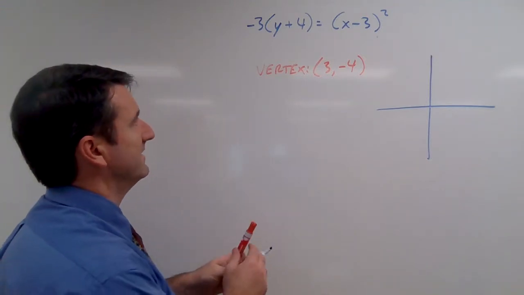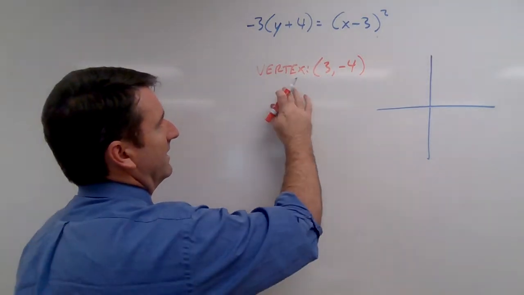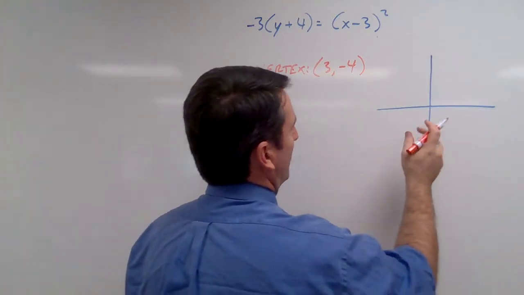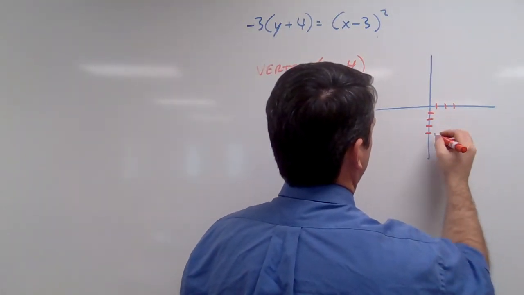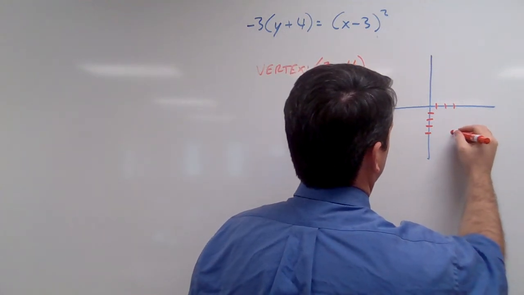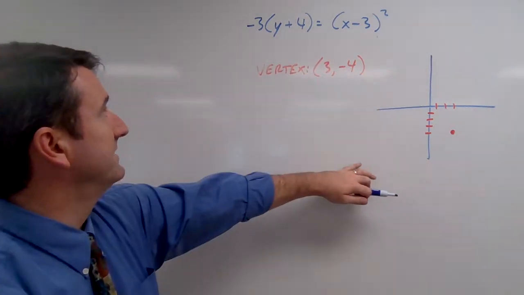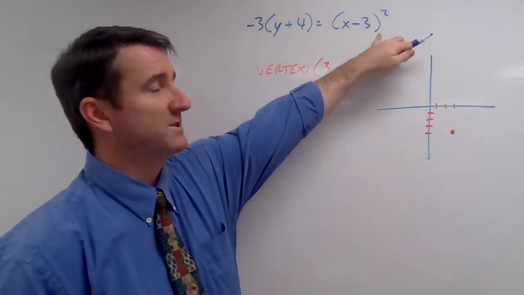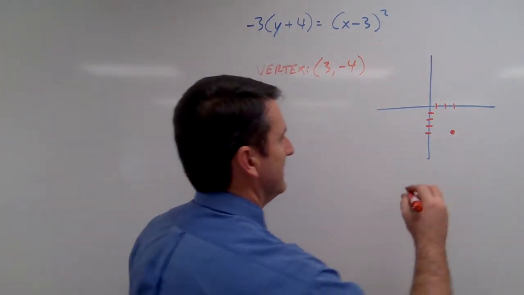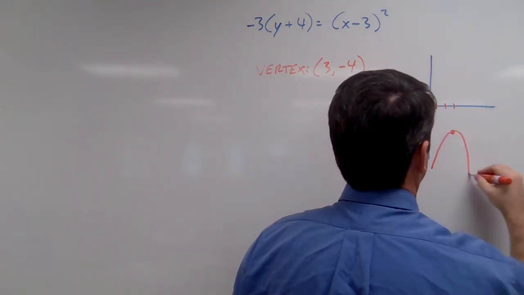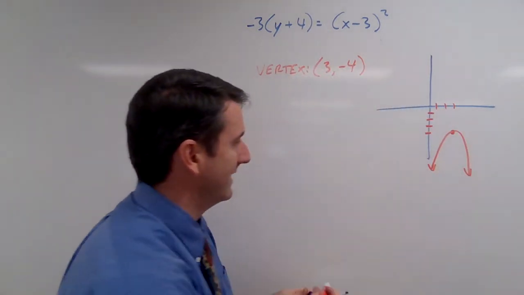All right, now let's plot that point. So 3, -4 is going to be right here. That's our vertex. And we know, because we're squaring the x and the p is negative, that this parabola is going to go down like that.